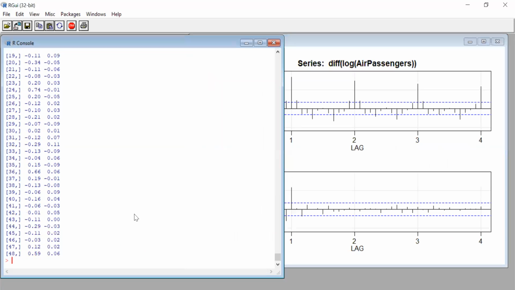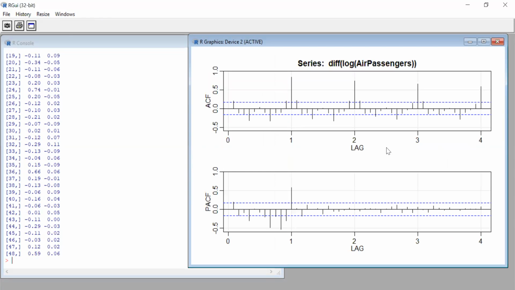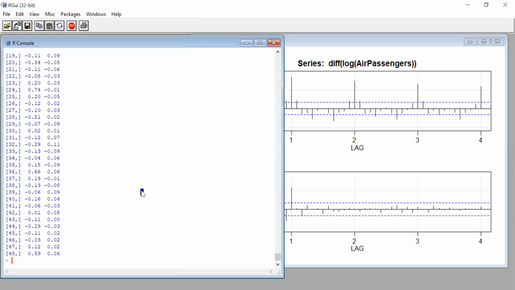Okay, so the last one is another good function, forecasting, right? It's sarima.for, and don't forget to put in how many futures.